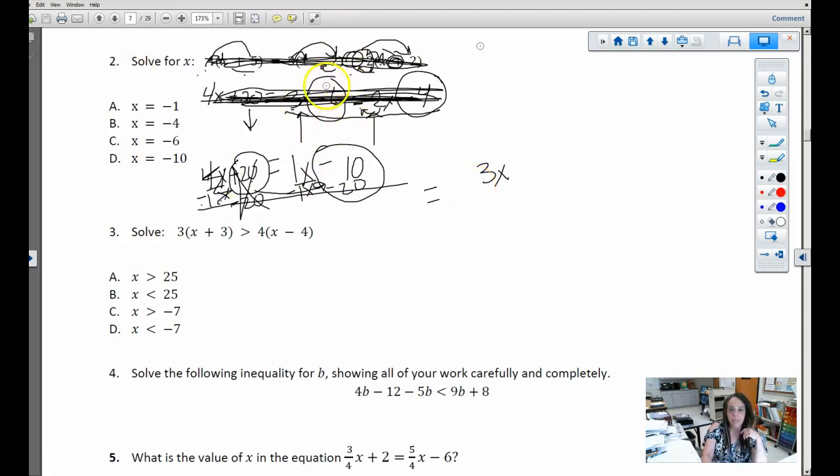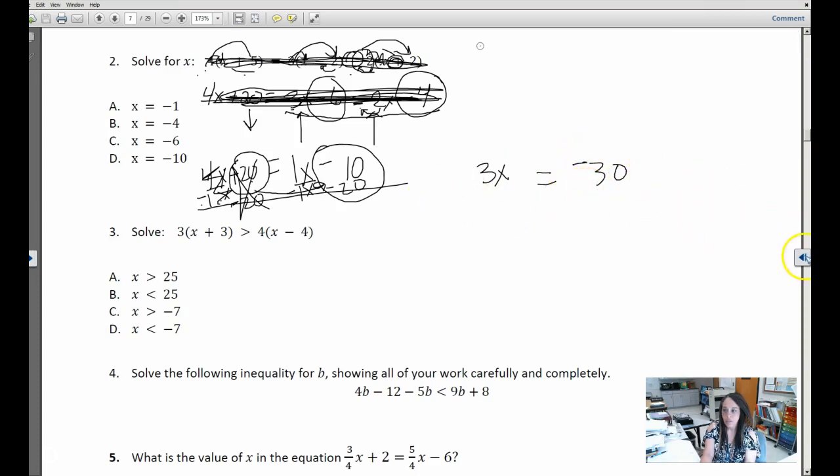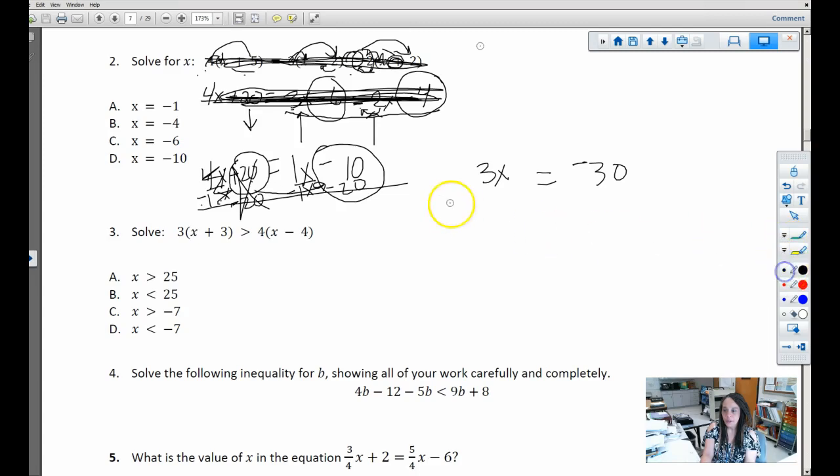Very similar to the minus 6 and minus 4 we just saw. Same thing as the minus 3, minus 10 we saw in problem 1. Negative, negative stays negative. So negative 10 and then a negative 20 is going to become negative 30. That's on the right-hand side of the equation. So now I have 3x equals negative 30. Let me move this out of here for you so it doesn't confuse you at all. Boom. 3x equals negative 30.